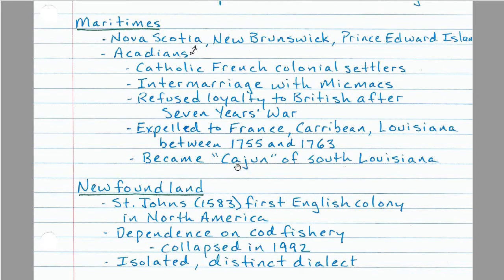And part of how that word Cajun came about is that if you say, "I am Acadian," in French, it's said, "Je suis Acadien." And so that phrase, I am Acadian, got shortened to Cajun, and that's where the Cajuns of South Louisiana come from. And so people that live down in the swampy areas of South Louisiana are descendants of these people who lived in this hard-scrabble, cold place of Nova Scotia.